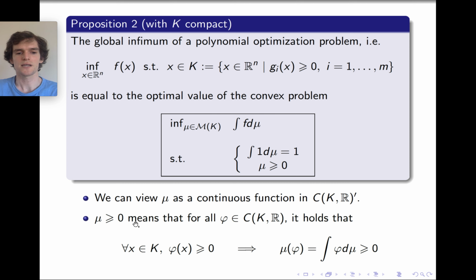And precisely the constraint that it should be non-negative means that for all phi in the continuous functions from K to R, if it's non-negative on K, then the measure mu applied to phi should be non-negative. That's just intuitively what it should be. So basically the measure is non-negative means that if it takes a non-negative function, it should output a non-negative value. So I think it's fairly intuitive.